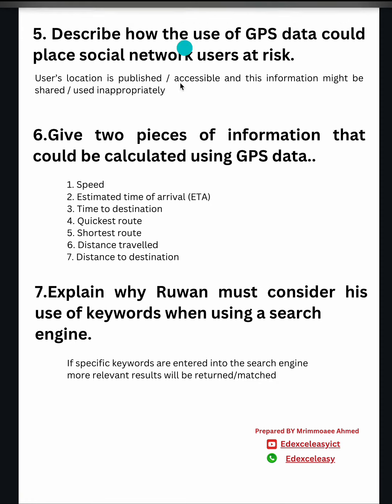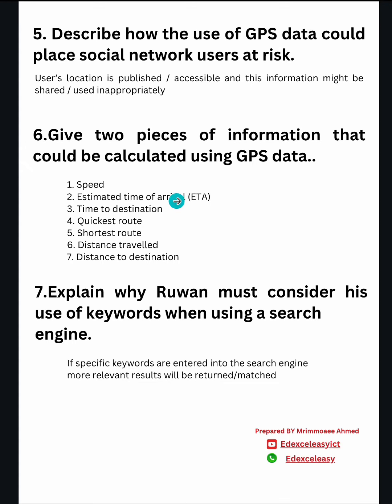So these two are the most common. Describe how the use of GPS data could place social network users at risk, like how it would be riskier for the user. That one is: user location is published, accessible, and this information might be shared or used inappropriately.